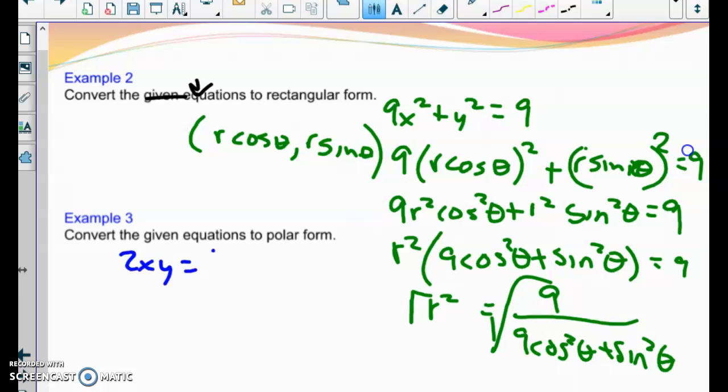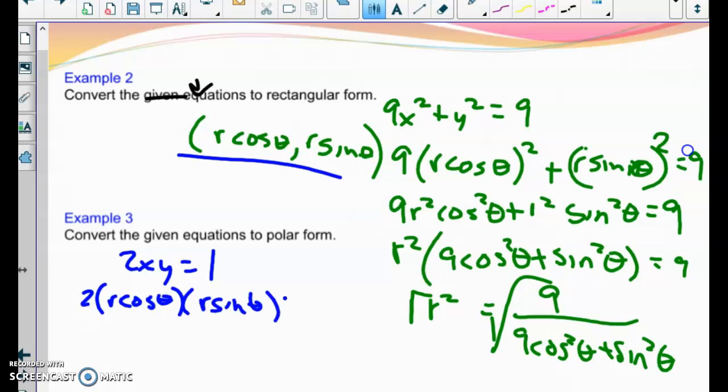And a simple equation like this, we know this is a hyperbola looking thing. If I do the substitution, we already know the substitution for x and y, so I'm going to put r cosine theta times r sine theta equals 1.